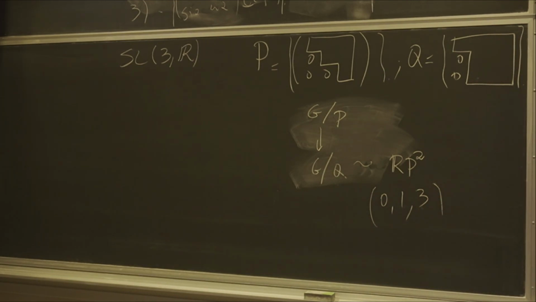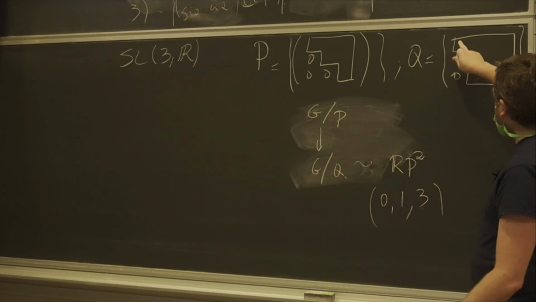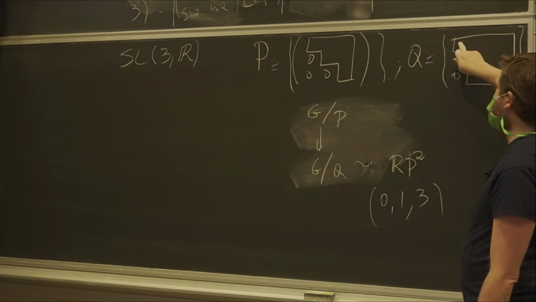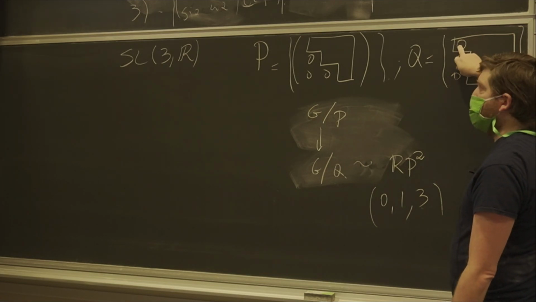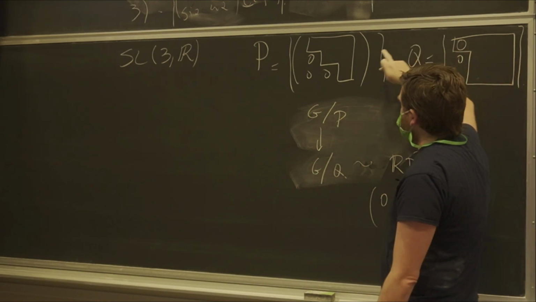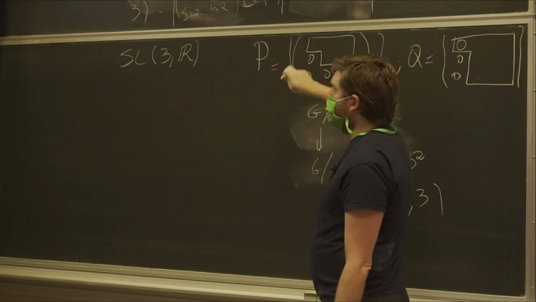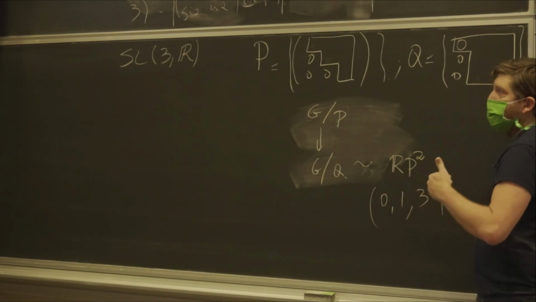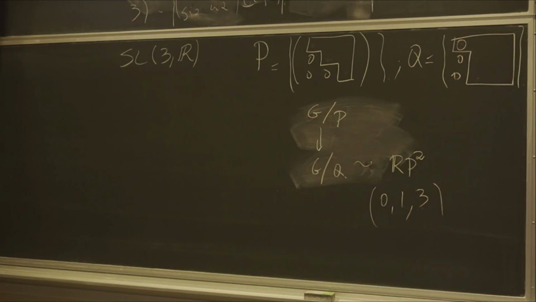I could, instead of doing that, ask the entries to be positive, especially this entry to be positive, which means also to ask for P to have the 3 entries positive. And then if I ask this property, then I will have S2, which is the double cover of this guy, which is the half lines instead of the lines.